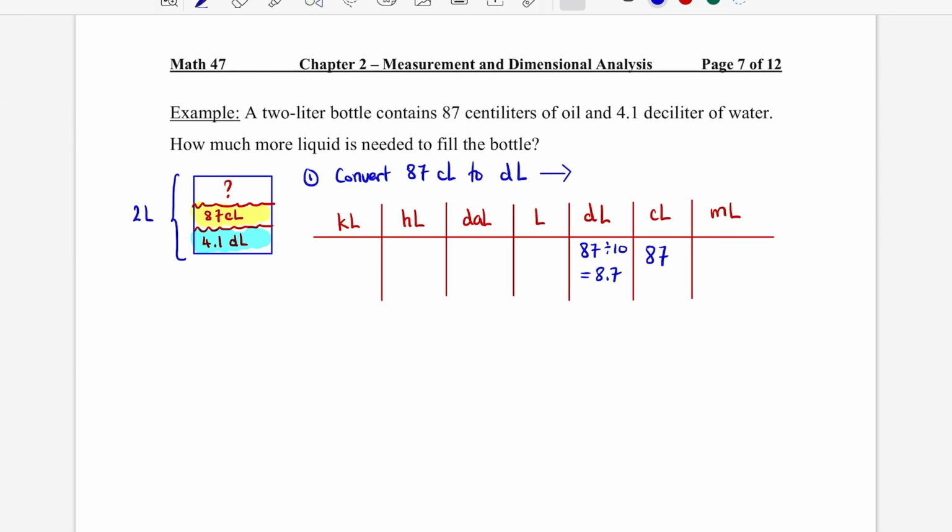So 87 CL is equivalent to 8.7 DL. 4.1 DL, I want to leave it as DL. Now I'm going to convert 2 liters to DL.